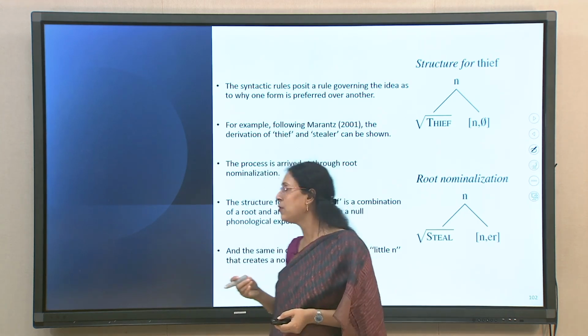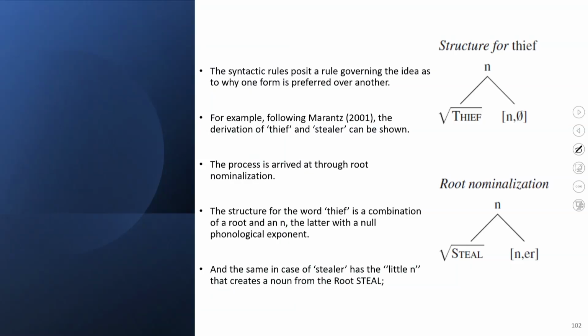Similarly, let us now look at the case of thief and stealer. Following this idea, there are two processes. This is called root nominalization. In the case of thief, the structure will look like this: this is the root thief and we have this n here, but there is no phonological component, so we have marked it as null.